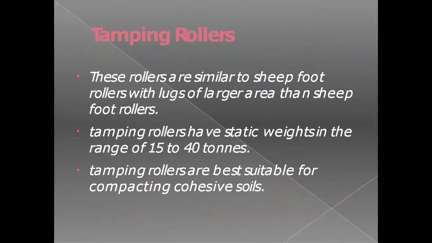Tamping rollers. These rollers are similar to sheepfoot rollers with lugs of a larger area than sheepfoot rollers. Tamping rollers have static weights in the range of 15 to 40 tons.